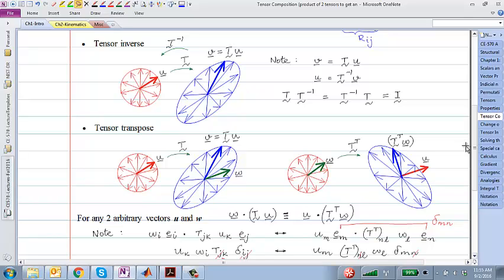You actually get a flat ellipse, which means that if you pick one particular vector from a flat ellipse and try to find the original vector it came from, there are multiple possible original vectors. That's a singularity. So indeed, a tensor inverse does not always exist. That's true. Okay, good point. All right.